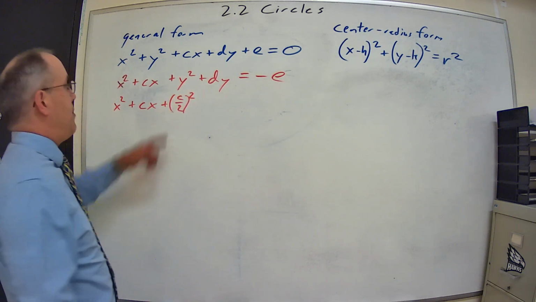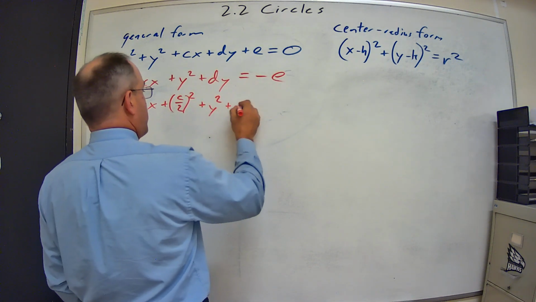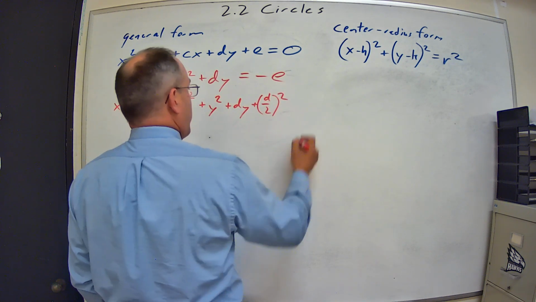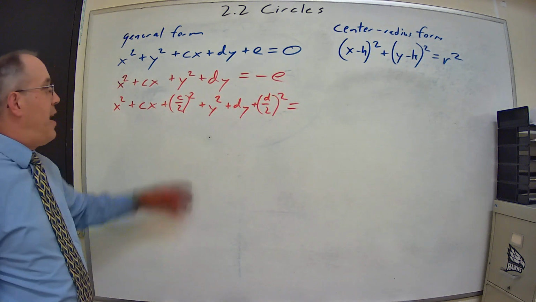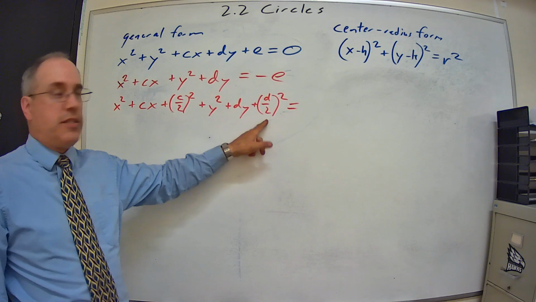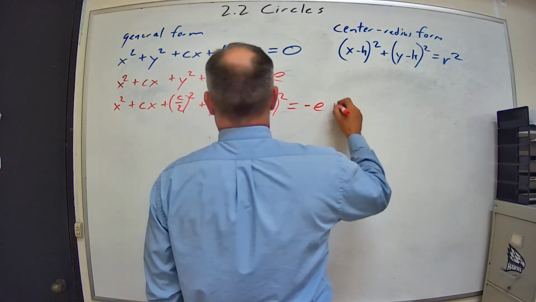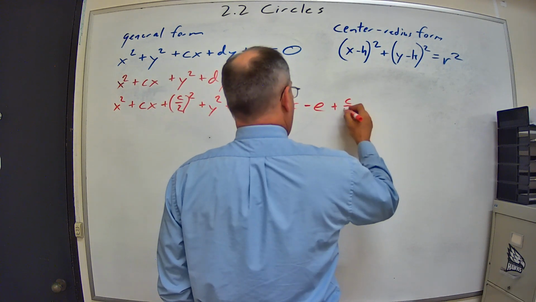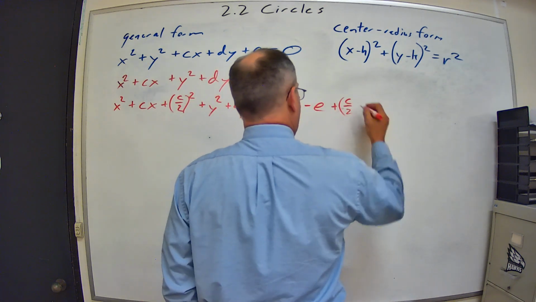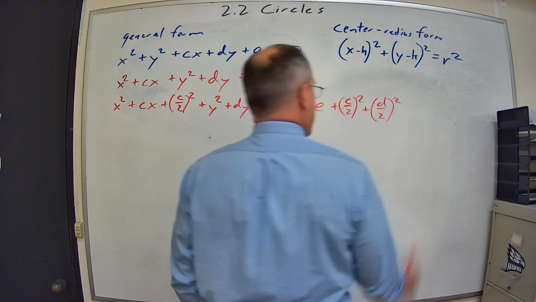And then we're going to do the same thing for y, plus y squared plus dy plus d over 2 squared is equal to, well now, since we added c over 2 squared to this side and d over 2 squared to this side, we've got to do it to the other side. So minus e plus c over 2 squared plus d over 2 squared.